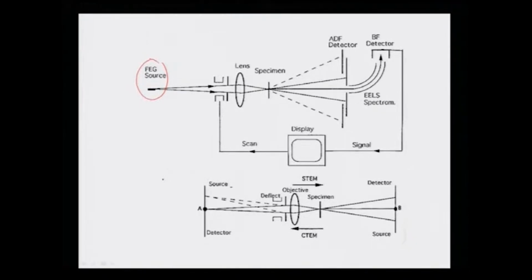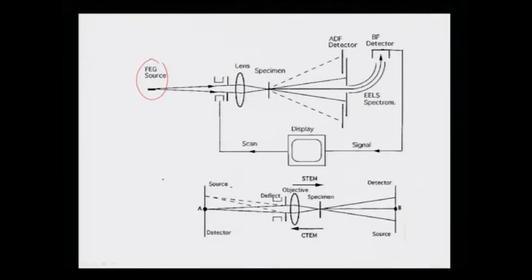Obviously, when the FEG source is focused onto the specimen by using this kind of objective lens, the electron beam will be demagnified, and this beam is called a convergent beam. Once the convergent beam falls on the specimen, it diffracts and gives you a diffraction disk, and this diffraction disk can be either the transmitted electron beam or diffracted beams.